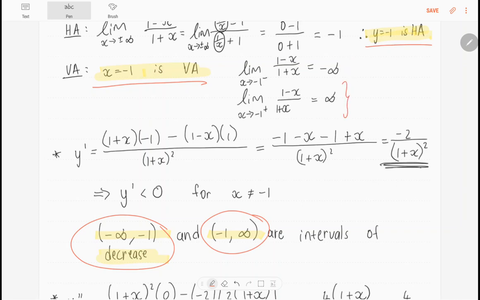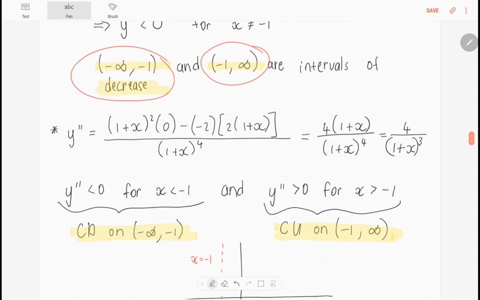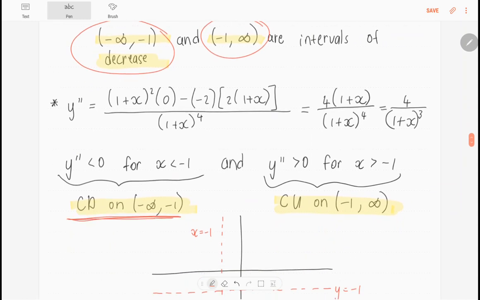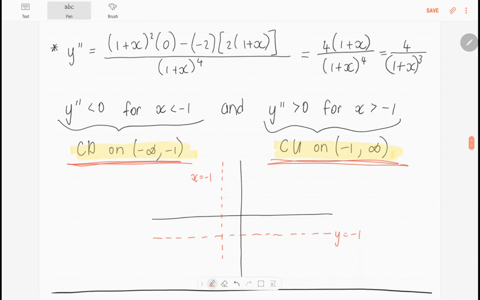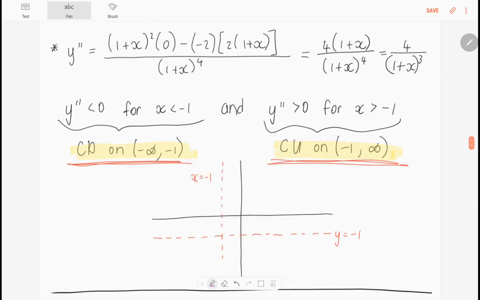If x approaches minus 1 from the right, we have our curve approaching positive infinity. So, using all of that information, and also using the fact that the curve is concave down from minus infinity to minus 1 and concave up from minus 1 to infinity, our curve will look something like this.